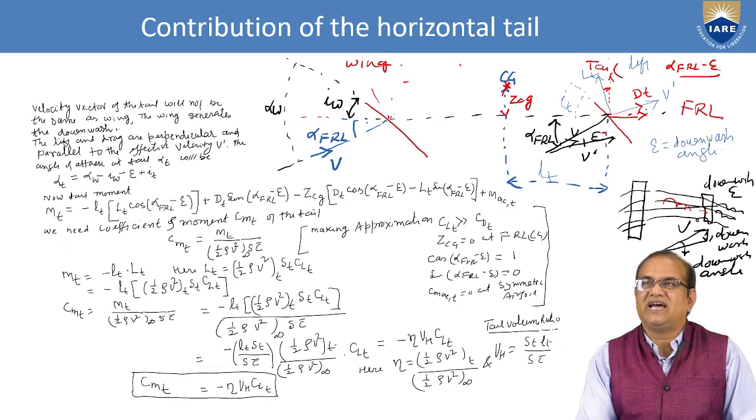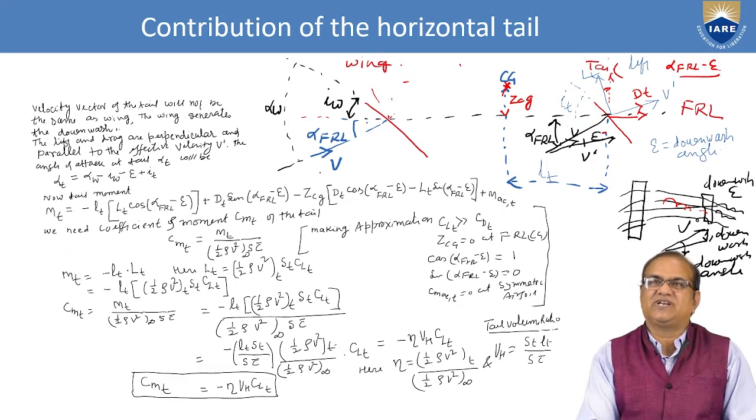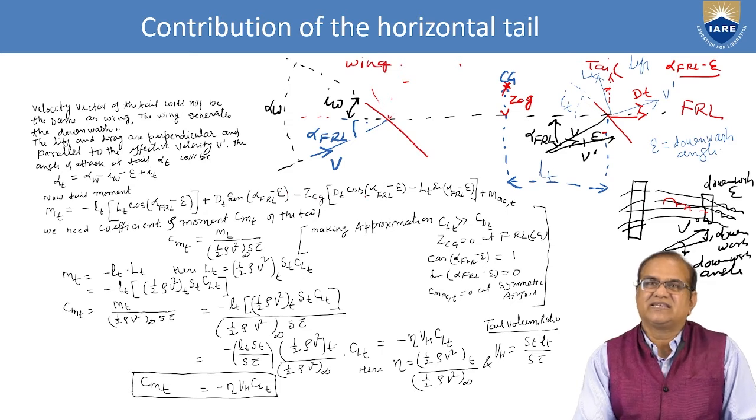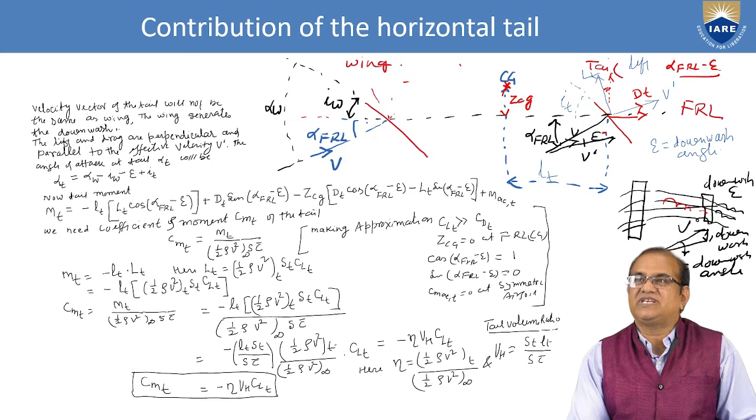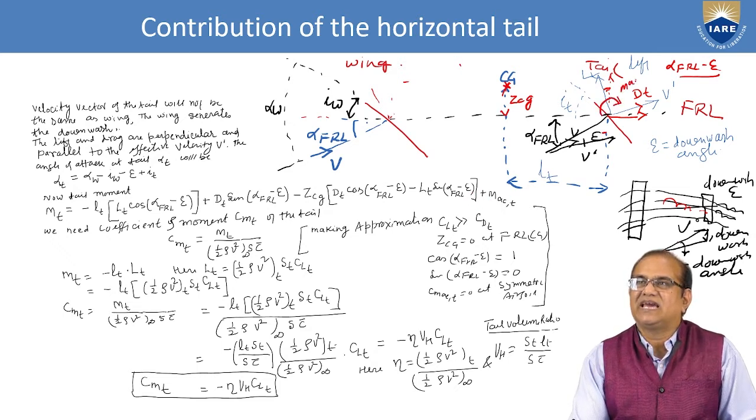This is in the anti-clockwise direction, so it is a minus. And minus Lt, so this one will be the minus Lt sine(alpha FRL minus epsilon), plus here you will have MAC into T. So this is added.